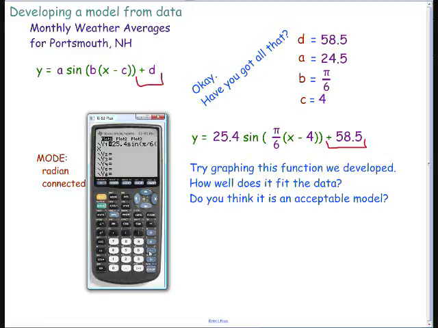We're going to subtract our phase shift, which is a positive 4. And we're not going to forget our vertical translation. Actually, I like it when I put it in first. Okay, let's see if this makes sense. 24.5 sine, and there's my frequency. There's my angle with its phase shift, close parentheses, close parentheses. I think that's good. Let's try graphing that.